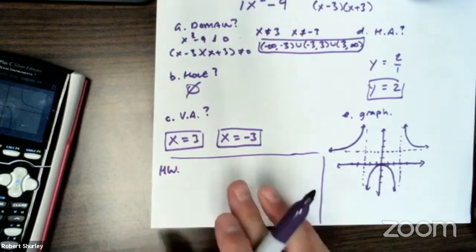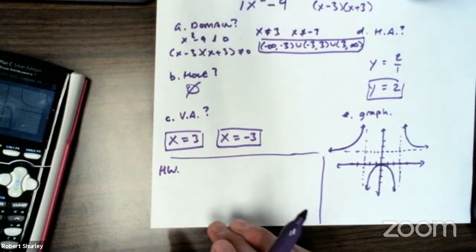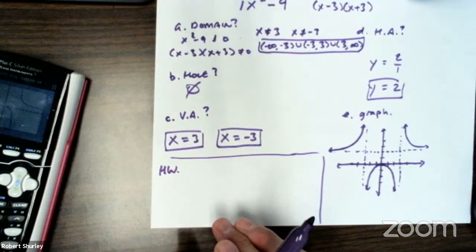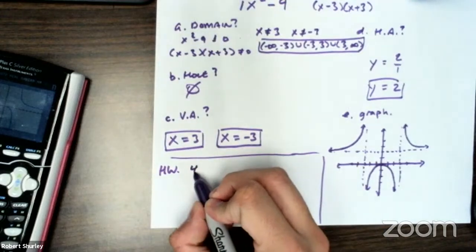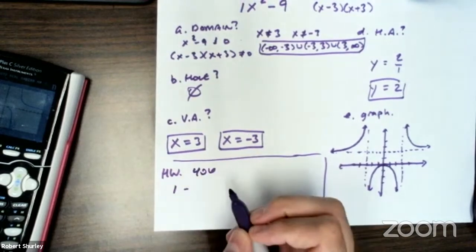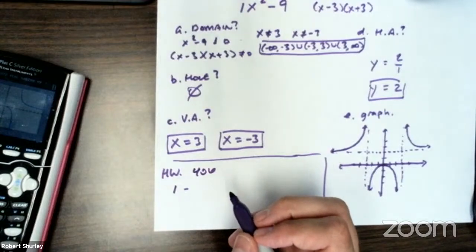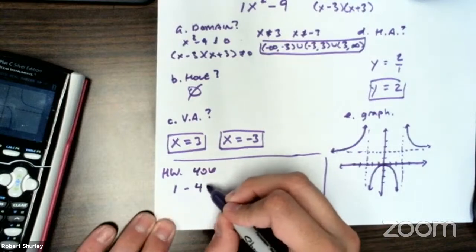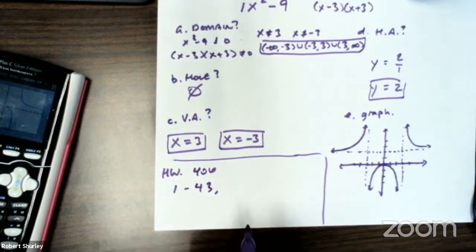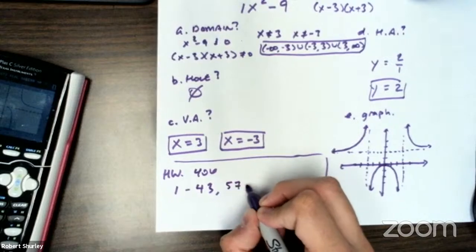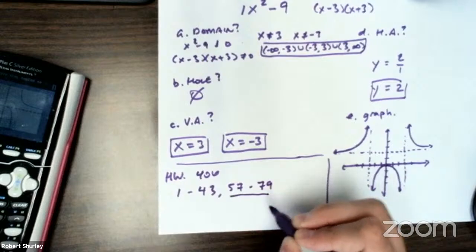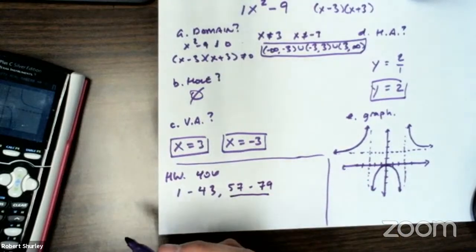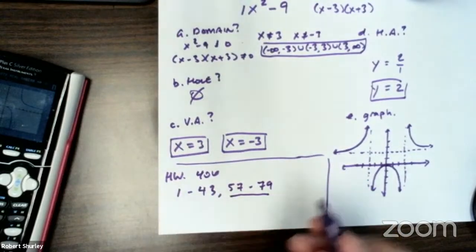For homework, your book also goes over slant asymptotes. I don't go over that. That's something we decided as a math faculty that we would not. It starts on page 406, 1 through 43, just odd. Now 57 through 79 goes over the 7 steps of graphing on page 399.